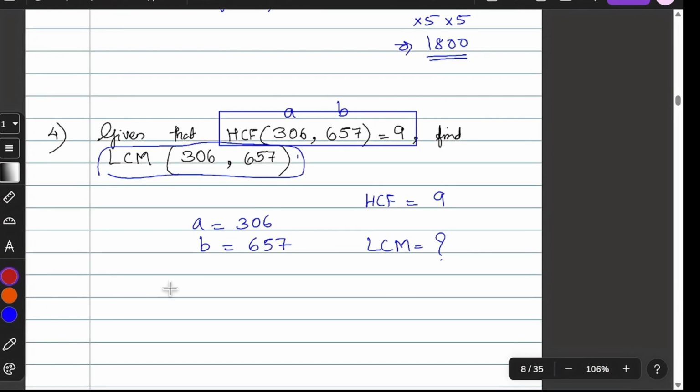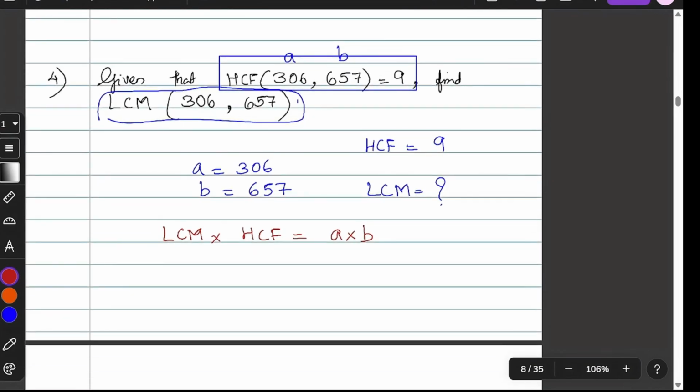Our equation is LCM into HCF equal to A into B. We know A and B, we know HCF, right? So I will write it here. I don't know what my LCM is, so in the place of LCM I'm just writing LCM into HCF, which is 9. It is equal to 306 into 657.